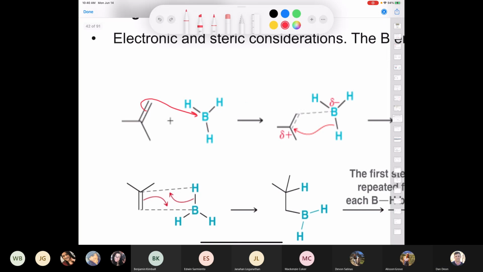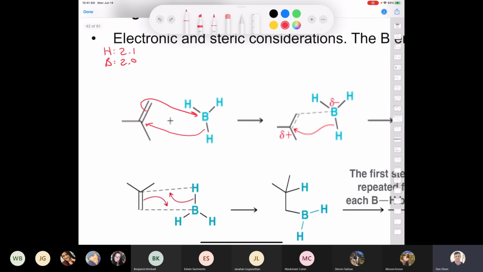But also, hydrogen is actually more electronegative. Hydrogen has an electronegativity of 2.1, and boron has an electronegativity of 2.0. I know it's not a big difference, but that means the hydrogen is going to be slightly wanting to take some of that electron density and dump it in here like that. So that's essentially what's drawn here. It's kind of like the same type of mechanism.